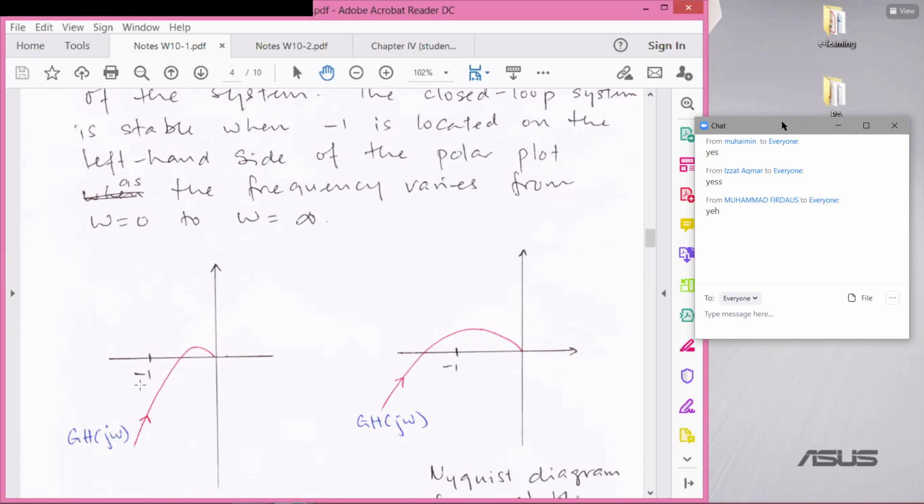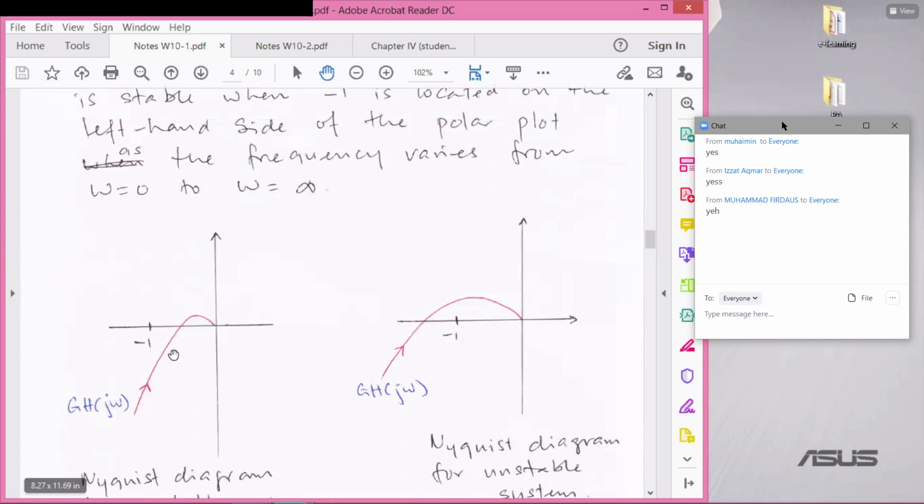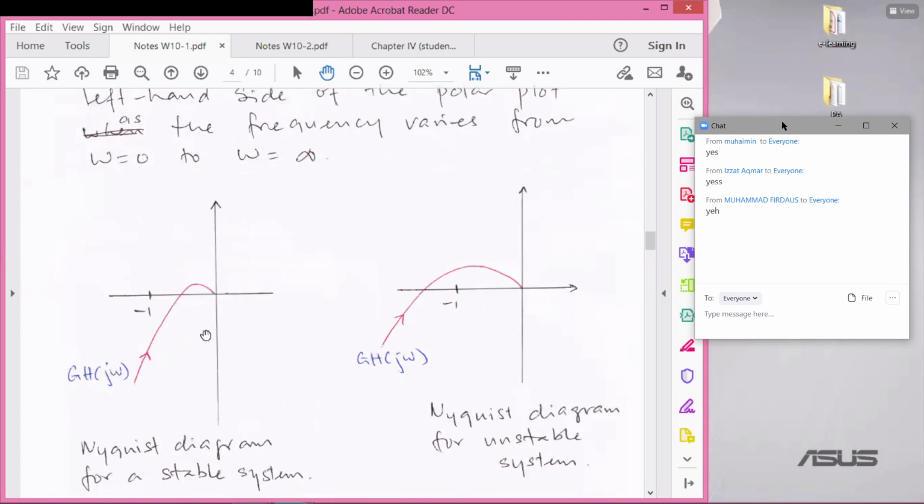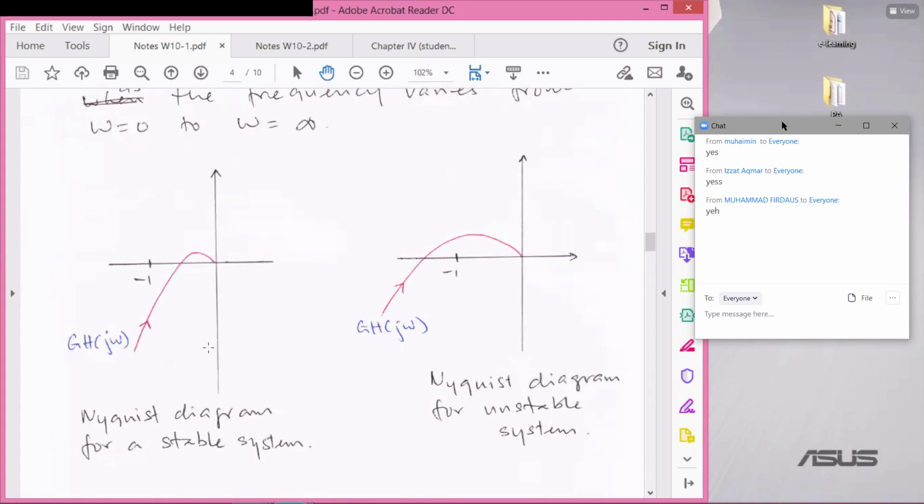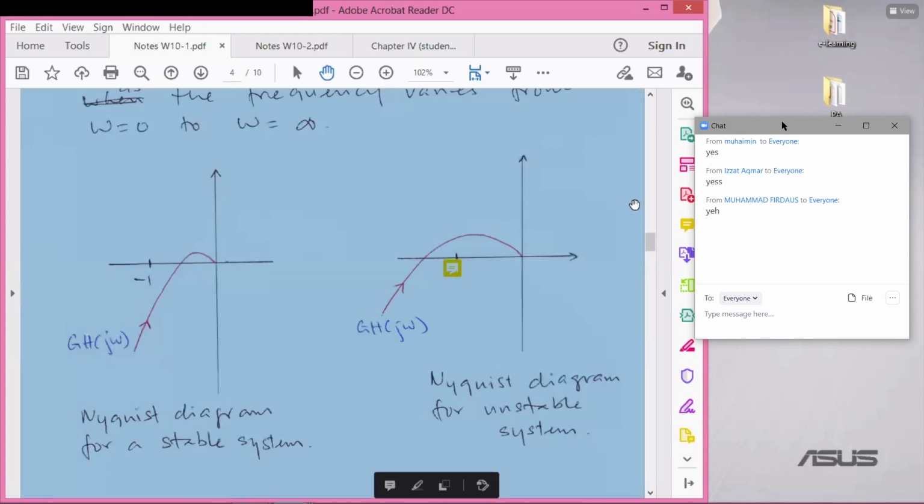If your Nyquist diagram crosses the real axis to the right of -1, then the system is stable. But when the Nyquist diagram crosses to the left of -1, then you know that the system is unstable.